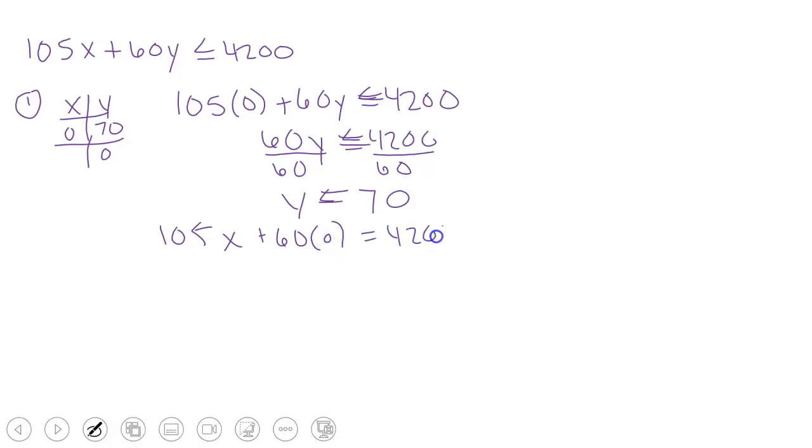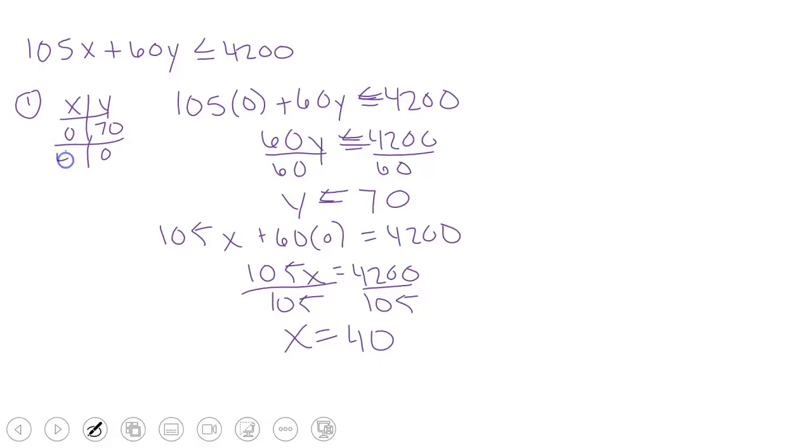And I'm going to do that equals again. So 105x equals 4,200. Divide by 105. And so my x equals 40. So here are my 2 points, 0, 70. That's my y-intercept. And 40, 0 is my x-intercept.